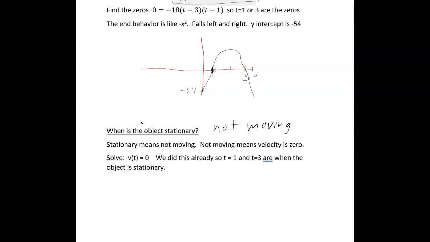You have no speed, you have no direction, so your velocity will be 0. We already found the zeros of the velocity up here. We found they were at 1 and 3. So I've actually already answered that question in the process of graphing my velocity function. So that is when the object is stationary. The hardest part of this question is usually understanding what that word means. Stationary means not moving.